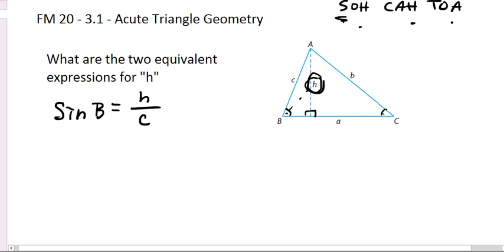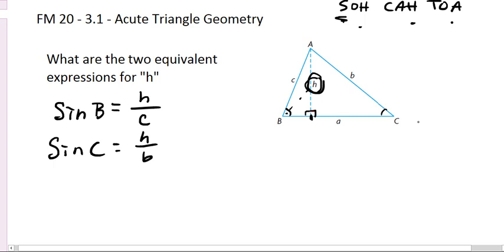I'm glad you didn't do tangent, because tangent would be opposite over adjacent, and it looks like maybe this is the adjacent side, but actually A is the whole side. So tangent wouldn't work, and neither would cosine, because we don't know this length right here. So sine is exactly right. We write that out: sine of C equals H over B.